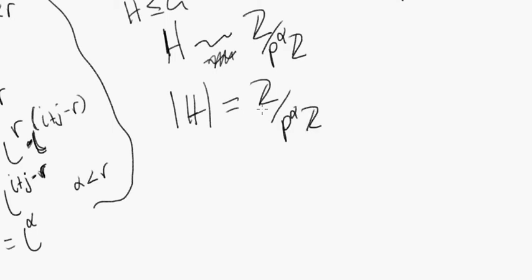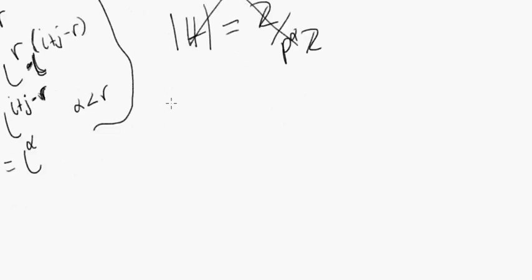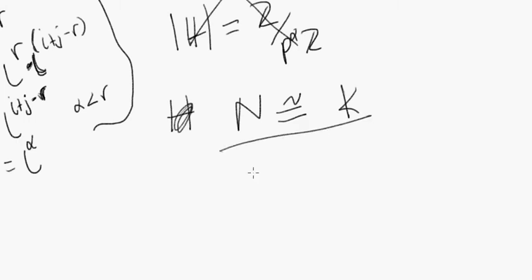Suppose we want to establish what it means for two groups to be the same. If we have some group N and another group K, and we are saying these things are isomorphic, that is, we're saying they're the same, what do we want to be true about them? What kind of things do we want them to have in common? Would it be cool to have the property that if two groups are isomorphic, they at least have the same cardinality?